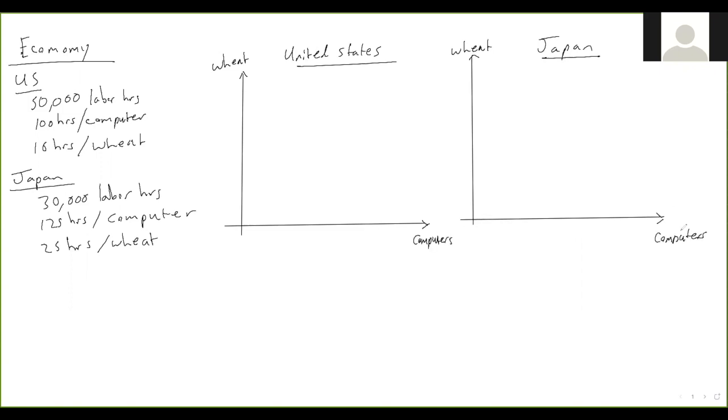So we know from the first module that we've already done the calculations for the US. We know if we devote all our labor to wheat, we'll get 5,000 tons. And if we devote all our labor to computers, we'll get 500 computers. And so we can connect those points and get our PPF.